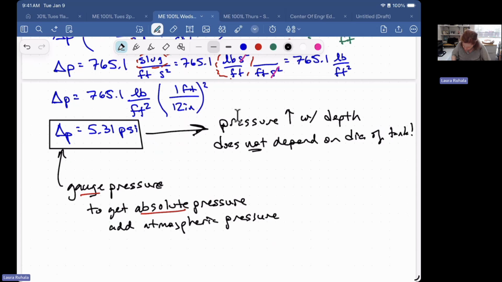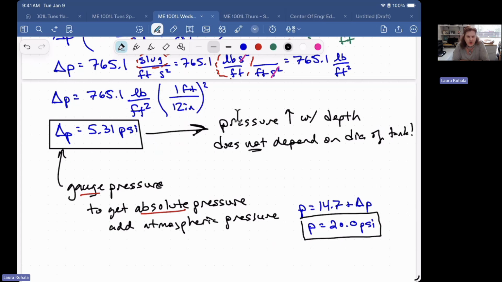So the pressure is equal to 14.7 plus delta P. So 5.3. So the pressure at that depth is about 20 PSI. It's not asking for it, but if it were to ask for absolute pressure, that's what you're talking about.